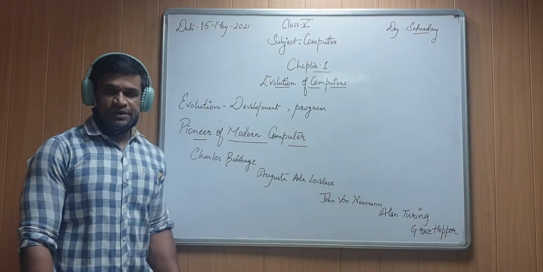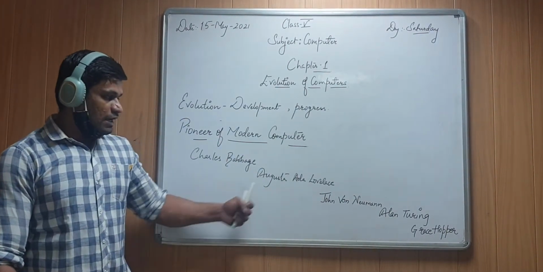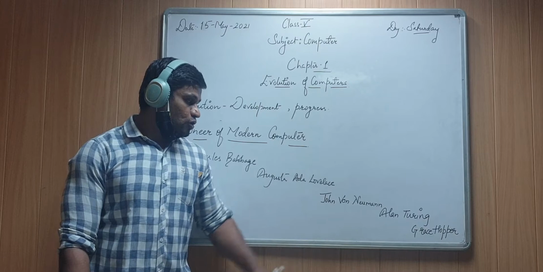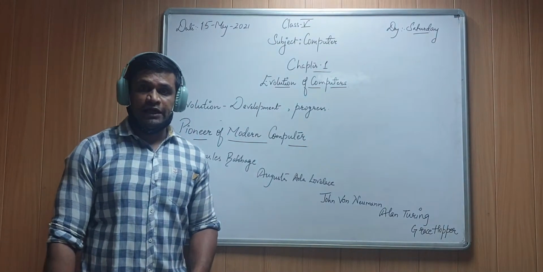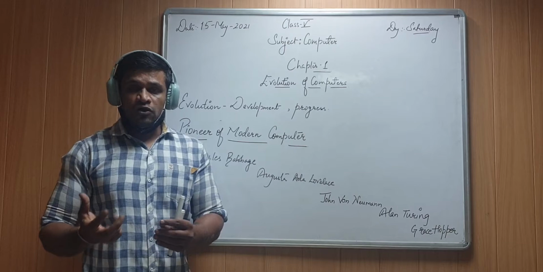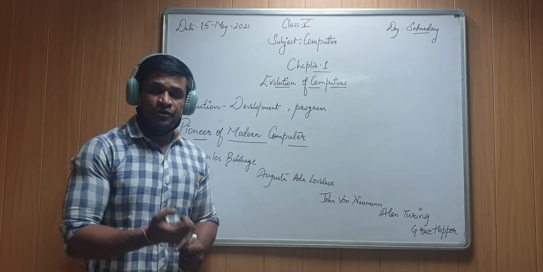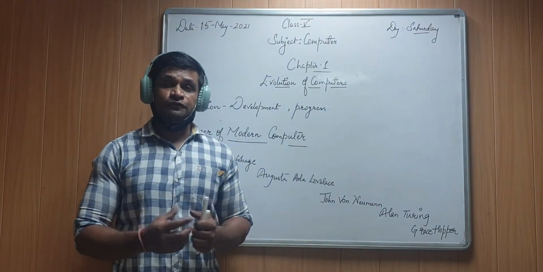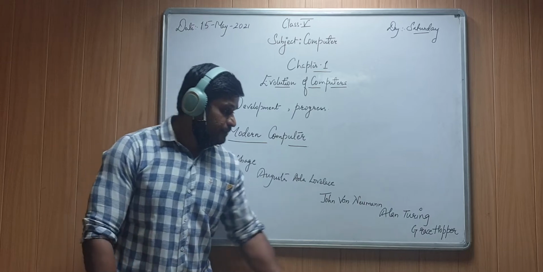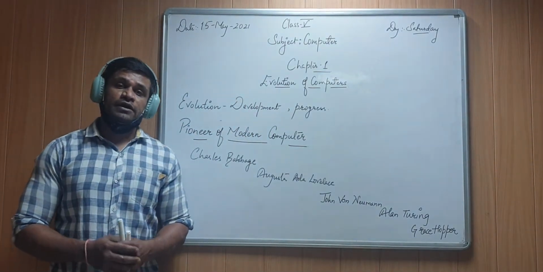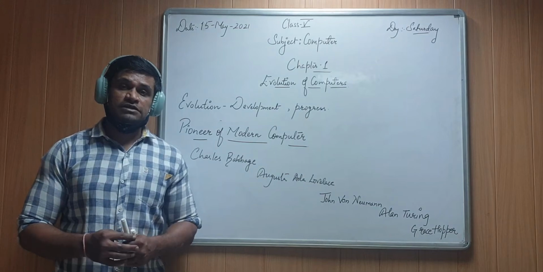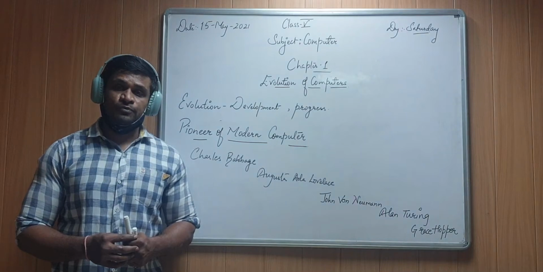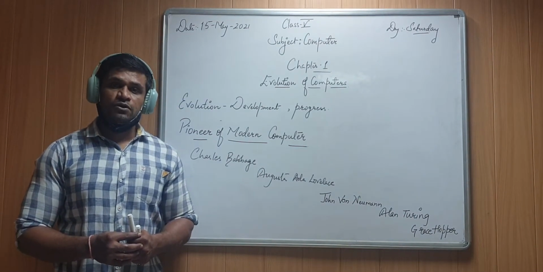Like Charles Babbage, father of the computer, Augusta Ada Lovelace, the first programmer of the world, John von Neumann, who gave the idea of storing the instructions and data in the memory of the computer, Alan Turing, who invented the Turing machine, the first general purpose computing machine, and Grace Hopper, who programmed the first computer, Howard Mark I, as well as contributed to the development of the programming language COBOL.